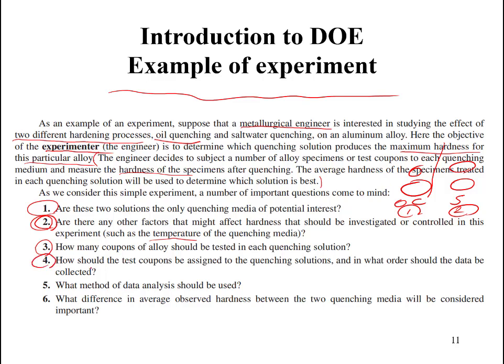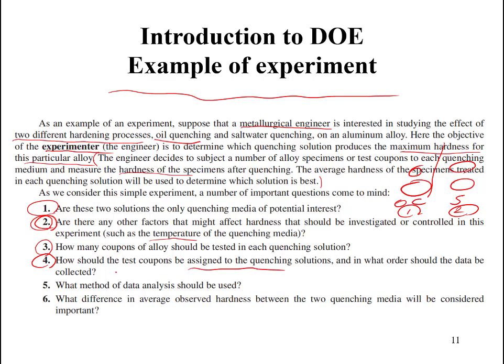The other question is, how should the test coupons be assigned to the quenching solution, and in what order should the data be collected? This is also another question. Answering all of these questions is the procedure we take to find the answer to a scientific phenomenon.